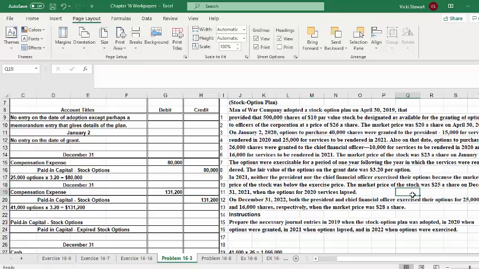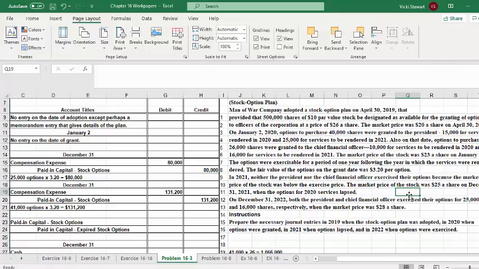Now, we know that they were granted the 25,000 options for the services rendered in 2020, and they had only a period of 1 year following the year in which the services were rendered to exercise them. So, at the end of 2021, it would depend on the market price of the stock.